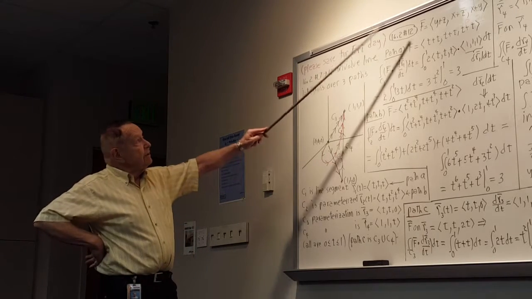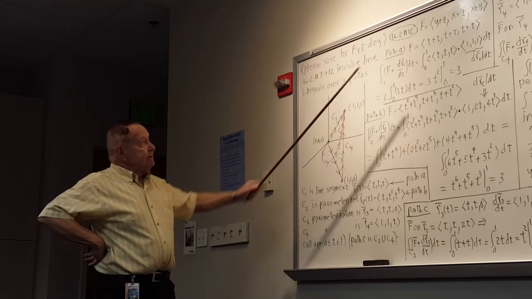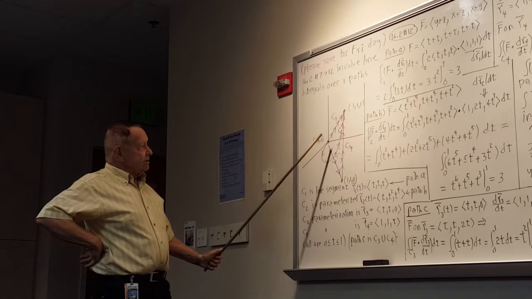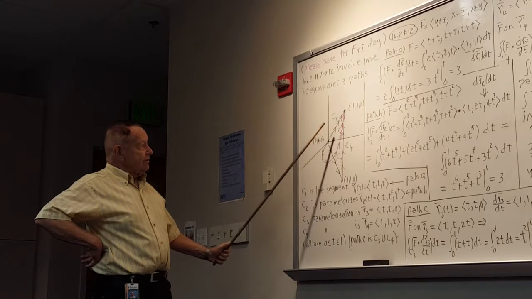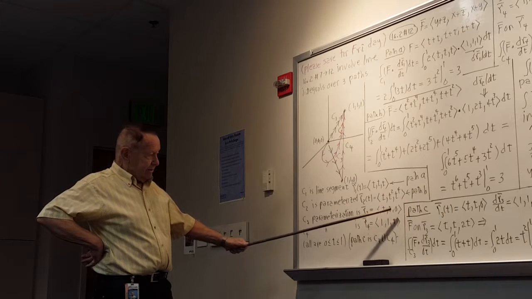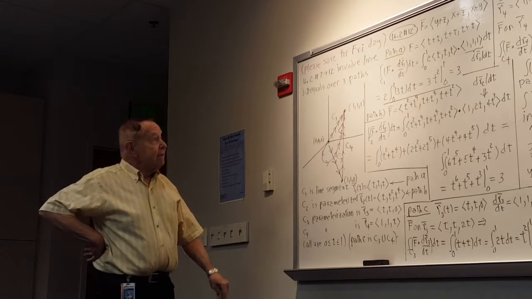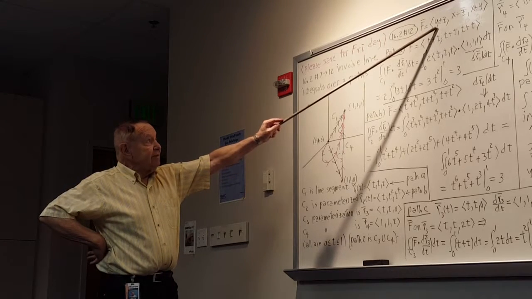So look at problem 12. What they want of us is that we work the line integral on path A, on path B, and on the set union of these two, which is path C. And this is the field.